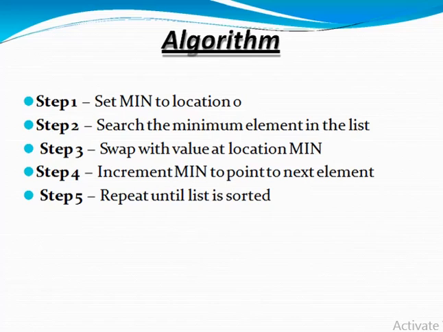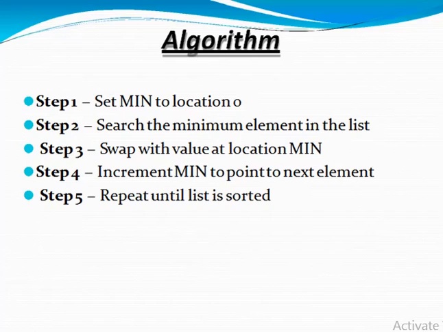After that, increment the minimum to the next element. It directly means there is no need to disturb the very first position in the given list, because it is already sorted. Repeat the whole algorithm until the complete list is sorted.